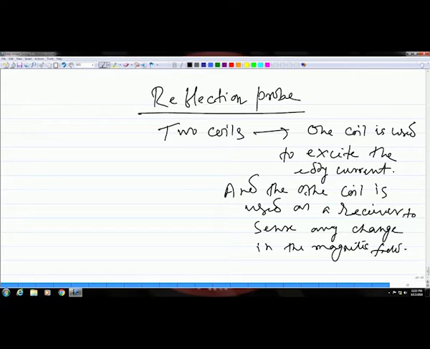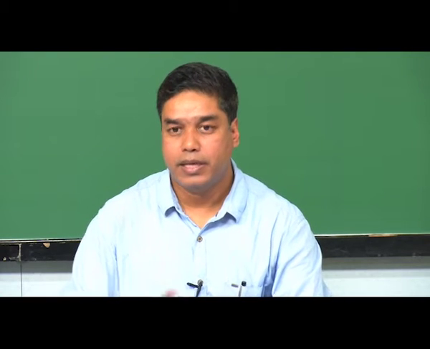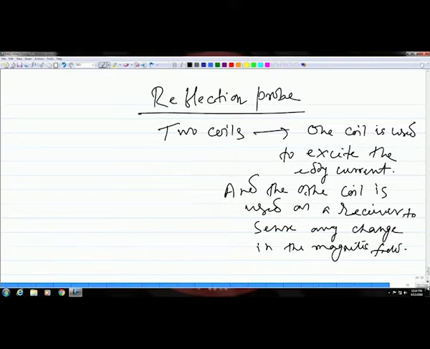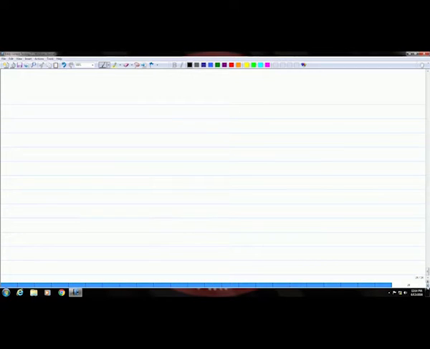Okay, so this in terms of the construction of the coils, okay, these are the three categories, and in terms of the geometry of the coil, if you see, then also you have 3 or 4 different types of probes. One of them is surface probe.